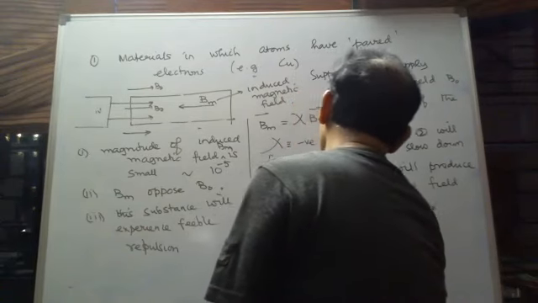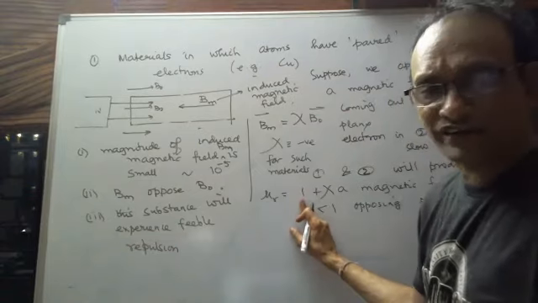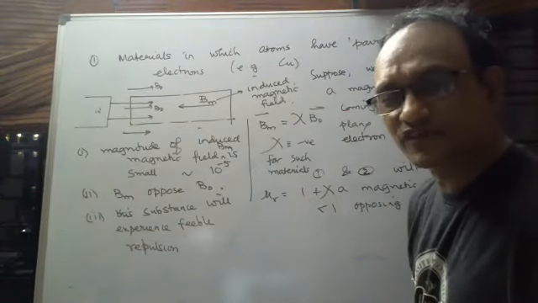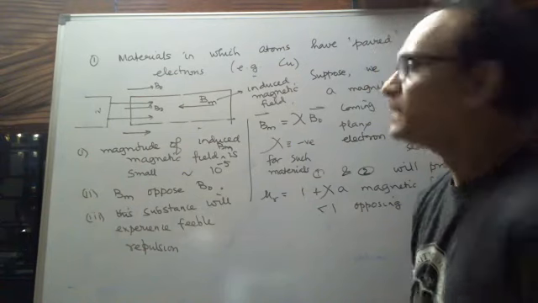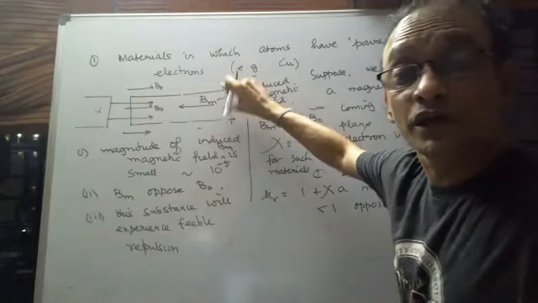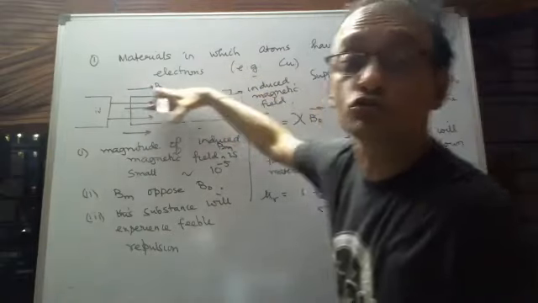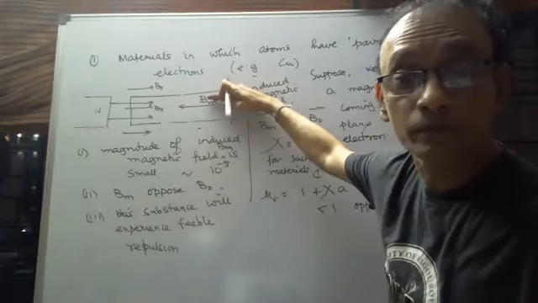और mu r क्या होता है, mu r is 1 plus chi, which, अगर ये नेगेटिव है तो this will be less than 1. Mu r, relative permeability, will be less than 1 for such materials. They will experience repulsion in a magnetic field. The induced magnetic field will be opposite to the direction of the applied magnetic field.